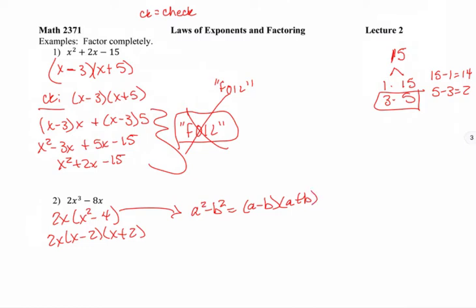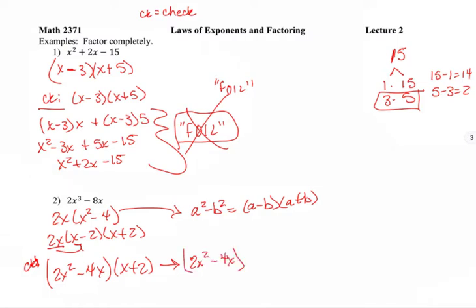So now if I check this, I'm going to multiply this through the first parentheses, so I get 2x squared minus 4x. That's times, so this is my check. Two x squared minus 4x times x plus 2x squared minus 4x times 2.